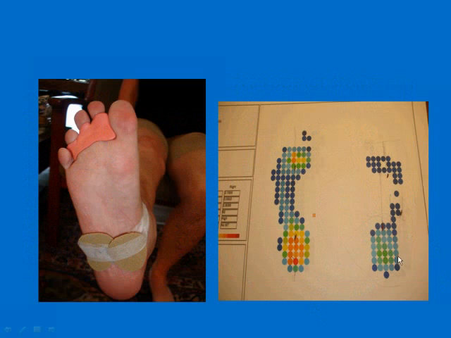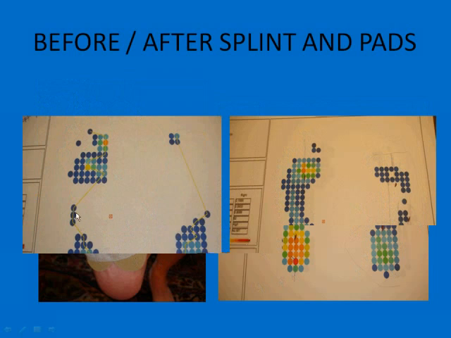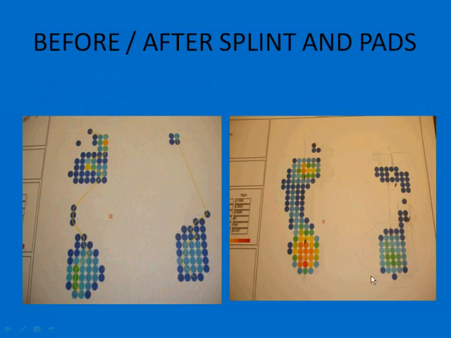Immediately she says, I feel more stable on my foot. I feel like I can bear more weight. What I've done is actually offloaded the heel base by reinforcing distal to the calcaneus and the toes. So before the toe splints and pads and after the toe splints and pads, significant improvement.